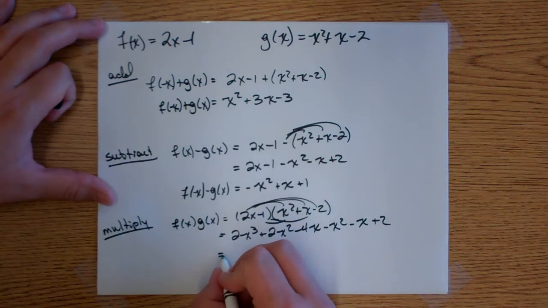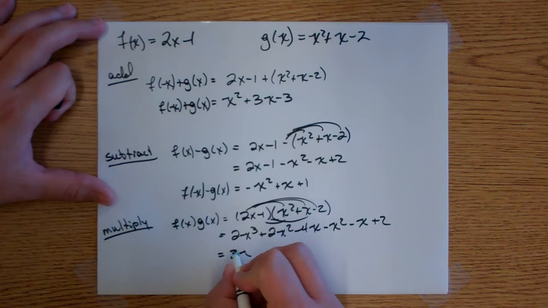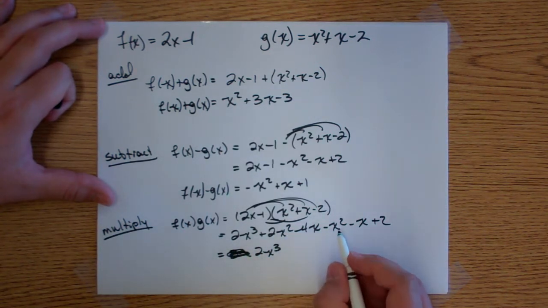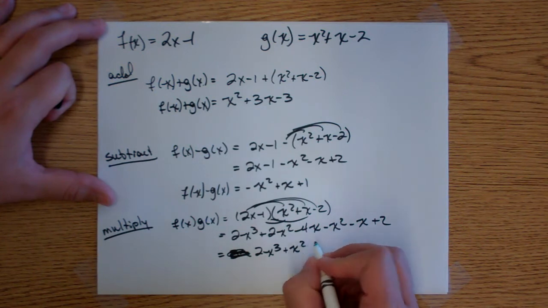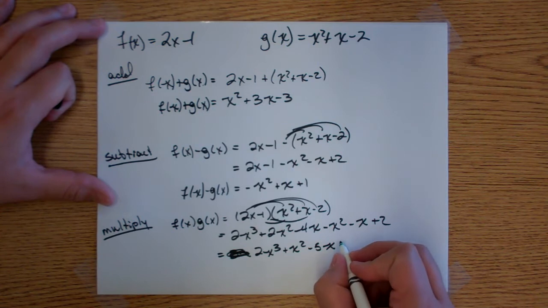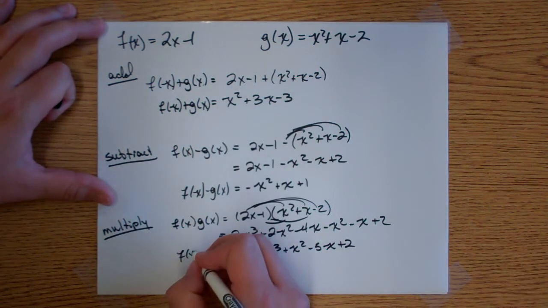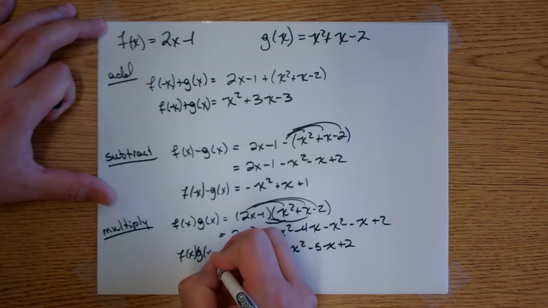Now again, you just combine your like terms. We have 2x cubed, then 2x squared minus x squared, which is just plus x squared. Negative 4x minus x is minus 5x, and then we just have the single plus 2. So that is f of x g of x.